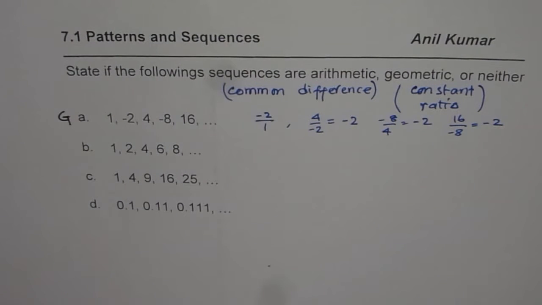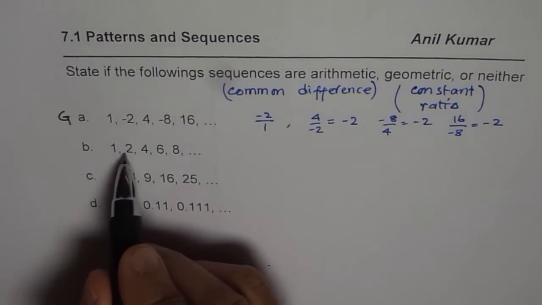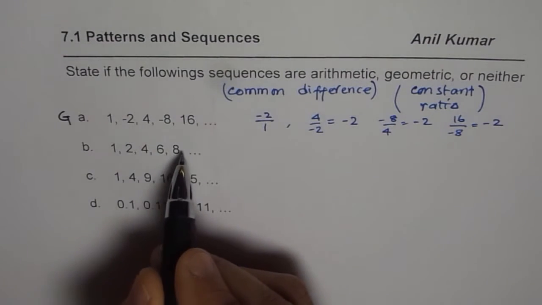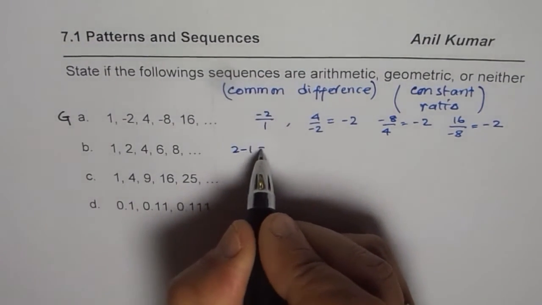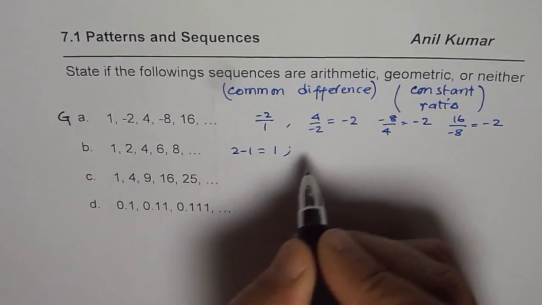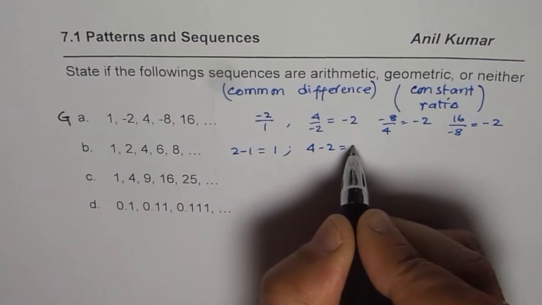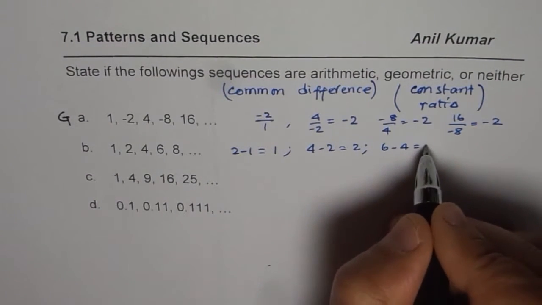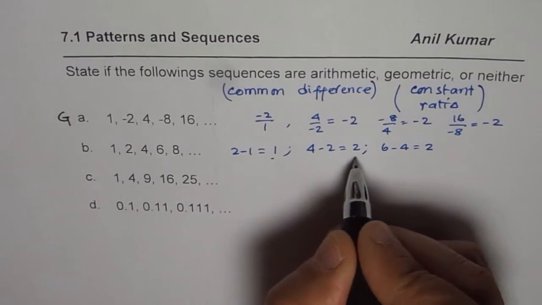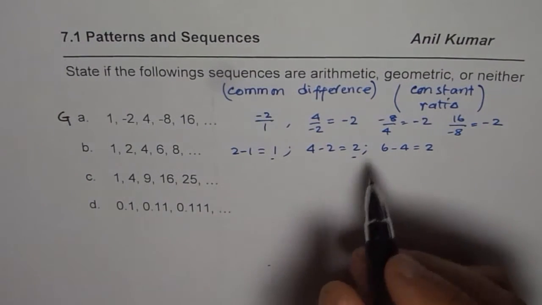Now the next one here is 1, 2, 4, 6, 8 and so on. So let's find the difference between each. What is 2 minus 1 equal to? It is 1. And then we do 4 minus 2, which is 2. And then we have 6 minus 4, which is equal to 2. Now since we have different differences, it doesn't work.